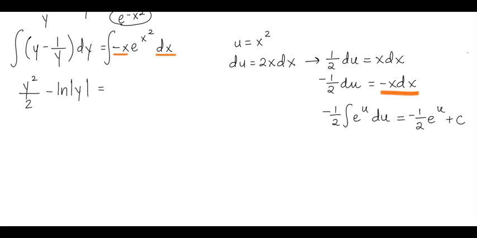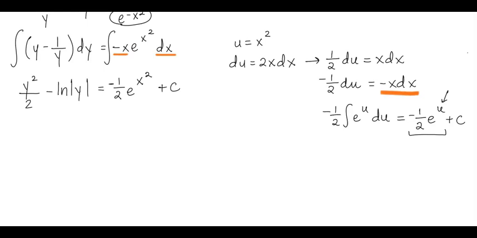Notice that I did not add plus c when I integrated on the left side. That's because I'm going to add plus c when I integrate on the right side of the equation. We only need to add c once. So now that we know what the integral is, I'm going to go ahead and sub back in what u is. So we have negative 1/2 e to the x squared plus c.